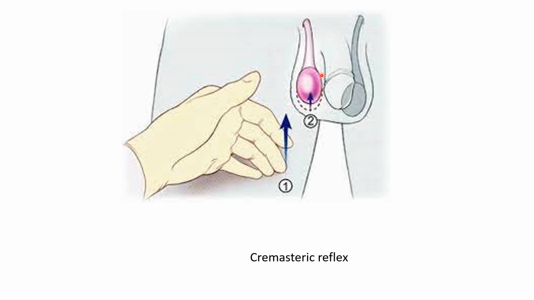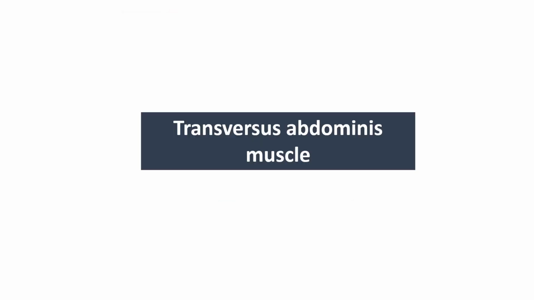So this reflex is called the cremaster reflex. When the medial aspect of the thigh is scratched, the testis should move upwards. That is because of the same nerve supply. The genitofemoral nerve supplies this region as well as the cremaster muscle. Because of the same nerve innervation, the cremaster reflex is seen. And this is more prominent in children than in adults.